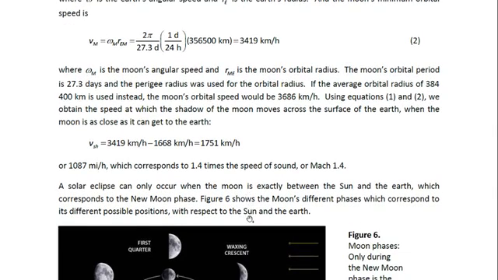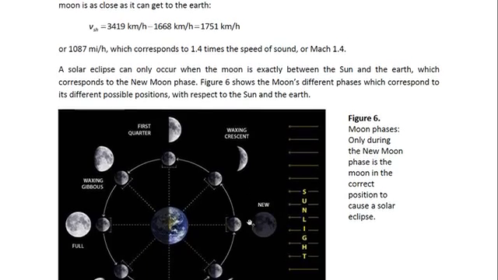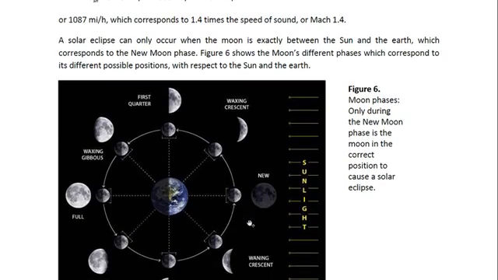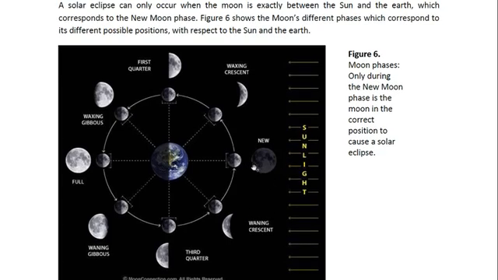Now, the other thing that comes into play with a total solar eclipse is the moon's position. The moon has to be exactly between the Earth and the sun, and that means it must be in its new moon phase.